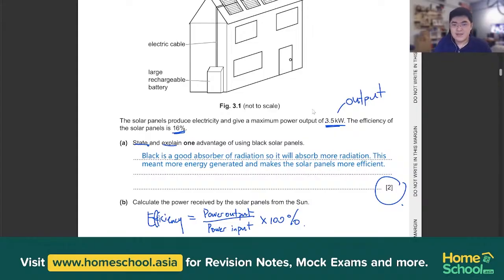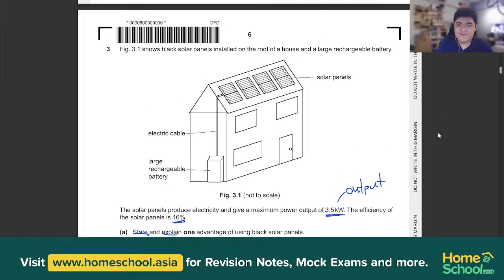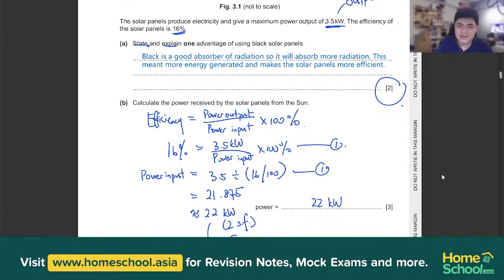What does this mean? This means the output of the solar panels is 16%. The output of 3.5 kilowatts is 16%. So the input energy, which is energy from the sun onto the solar panels, is much greater than this 3.5 kilowatts. And we have to find the input energy, which is right down here.